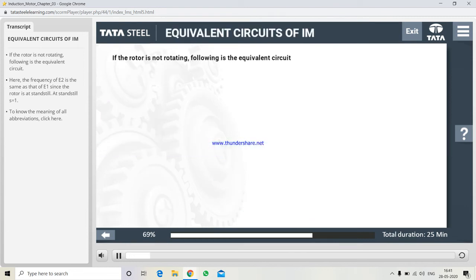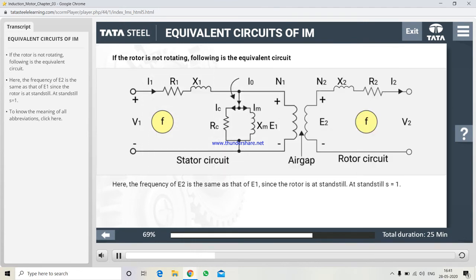If the rotor is not rotating, following is the equivalent circuit. Here, the frequency of E2 is the same as that of E1, since the rotor is at standstill. At standstill, S equals 1.